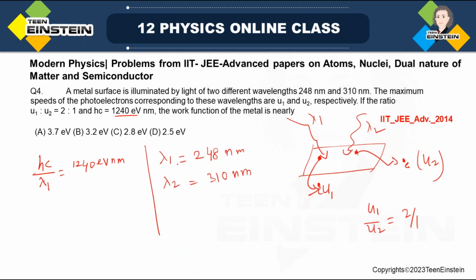I can directly put the nanometer over here, 248, right? So this will be nearly 5 electron volt.